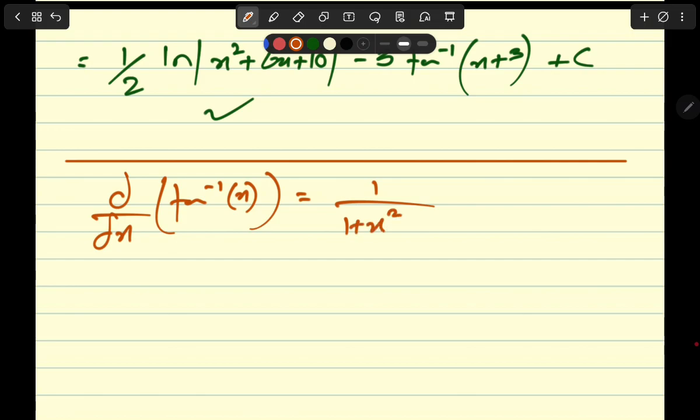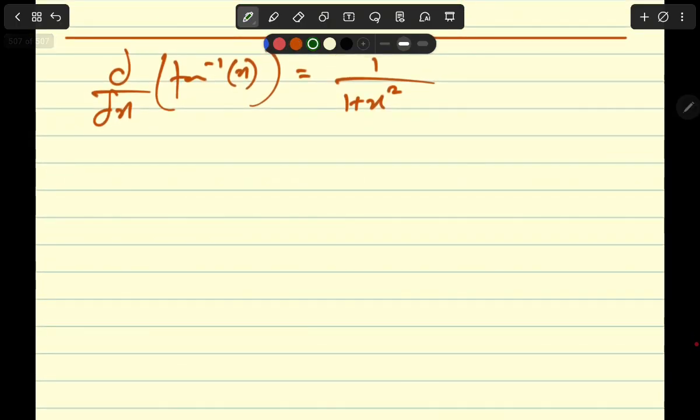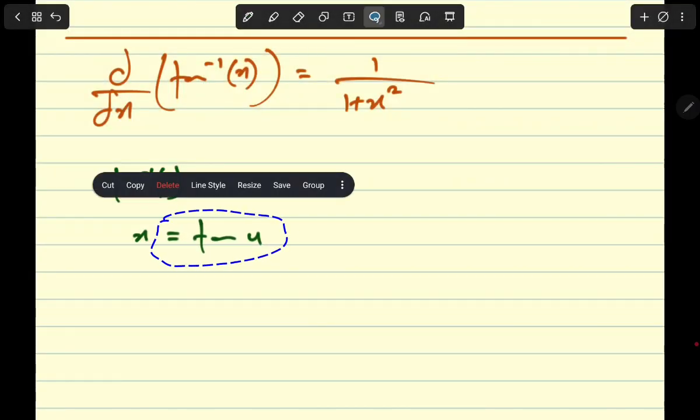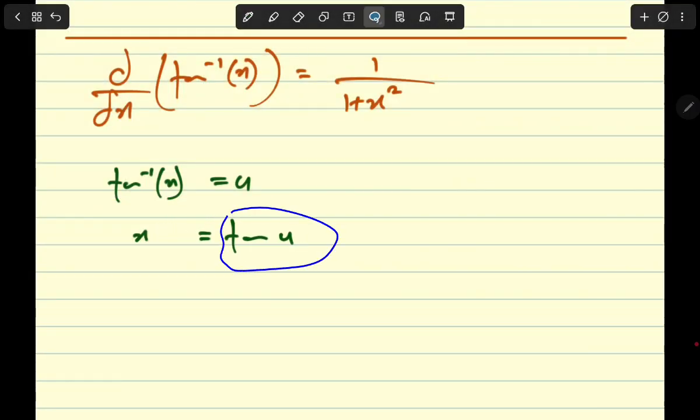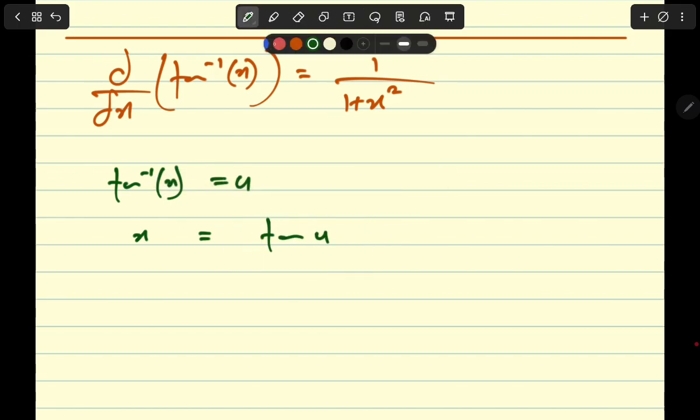I hope you know it already, because see, if I take tan⁻¹ of x as u, the previous step of this would have been x = tan u. Now if I implicitly differentiate it, and we have done implicit differentiation in the previous lectures, with respect to x, what do I get?